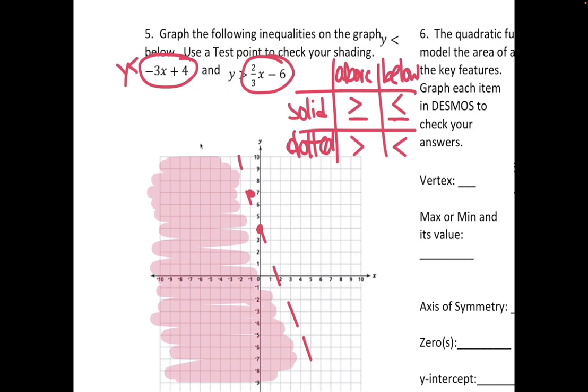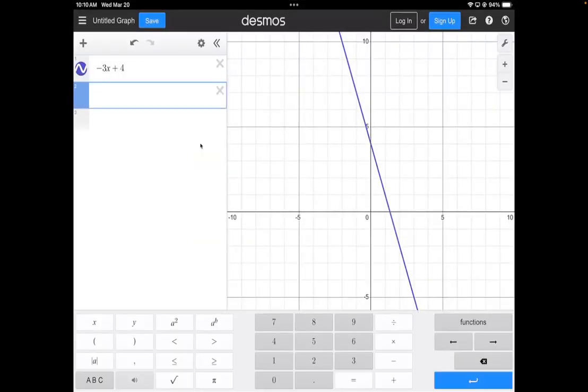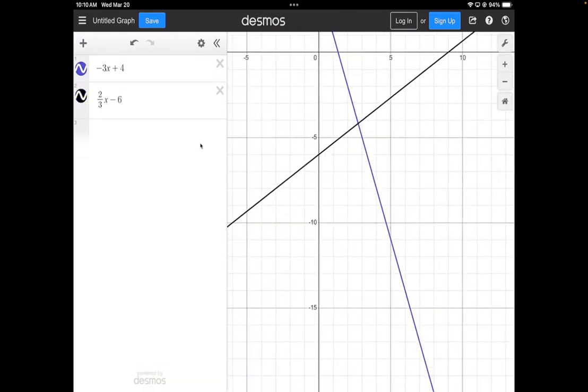I'm going to graph this 2/3 x minus 6 now. So I can say 2 divided by 3. Make sure you arrow out x minus 6. And I can see here 0, negative 6 is a nice point. And then I have another one over here. It looks like, what is that? 6, negative 2.